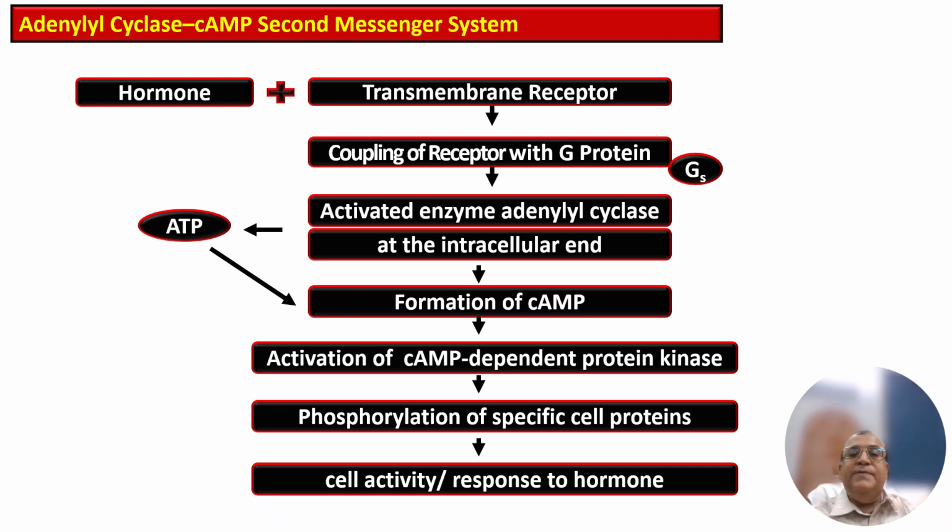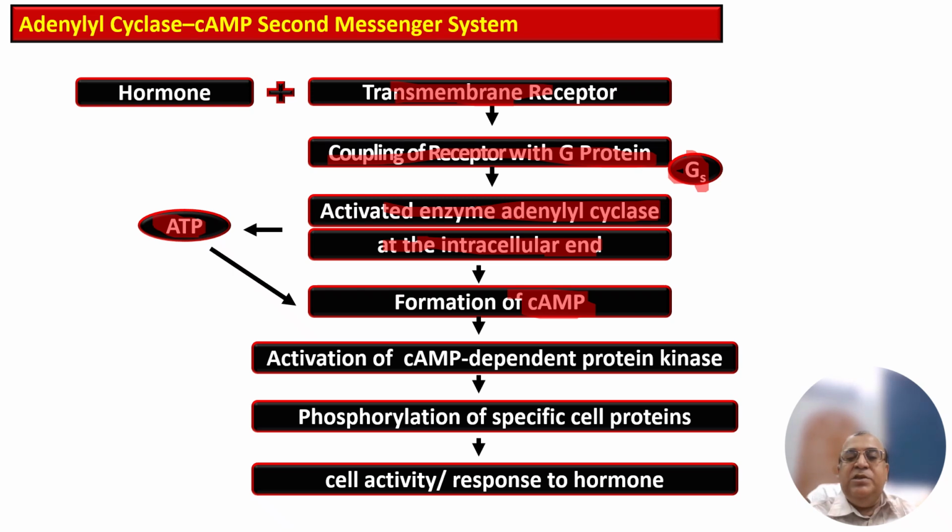So the hormone binds with the transmembrane receptor, and this hormone-receptor complex will result in coupling of the receptor with the G protein. If this is G stimulatory protein, there will be activation of the enzyme adenylyl cyclase at the intracellular end, and this causes a small amount of intracellular ATP to be converted into cyclic AMP.